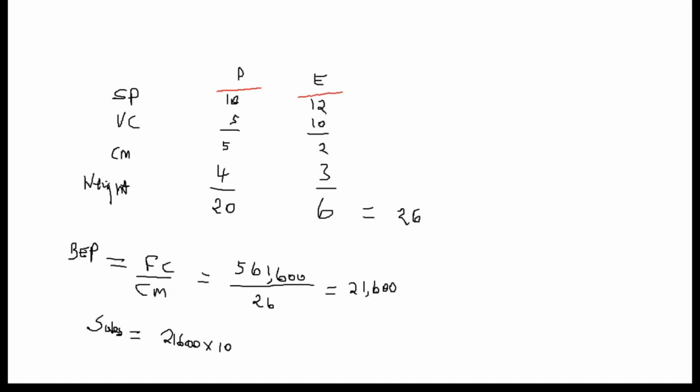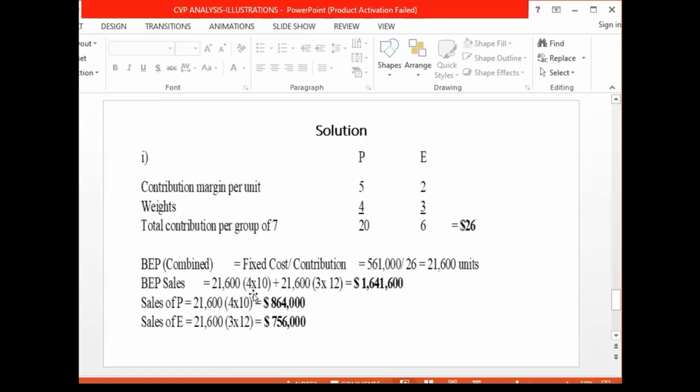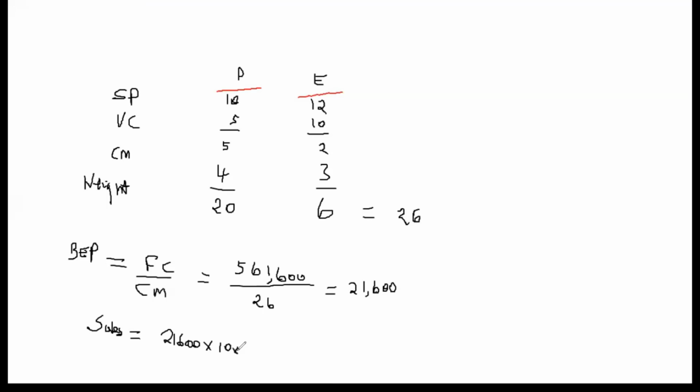We've been told our weight for the first case is 4. So times 4, plus 21,600 times 12 times 3.